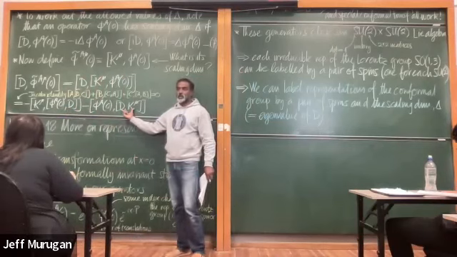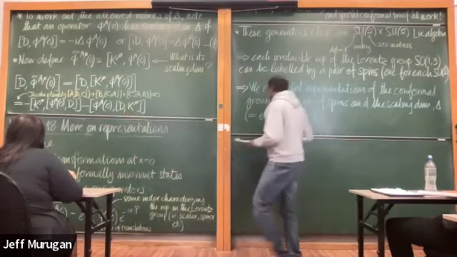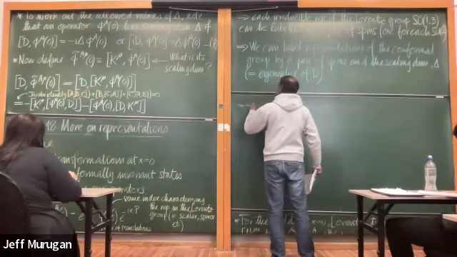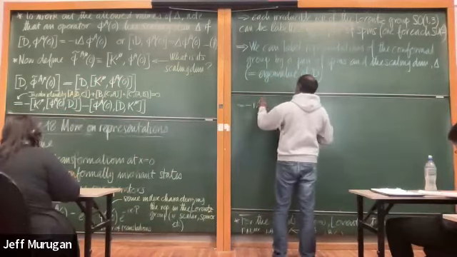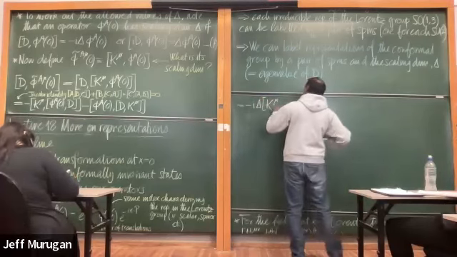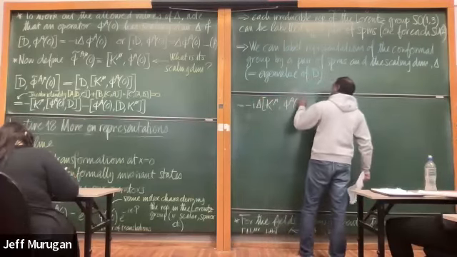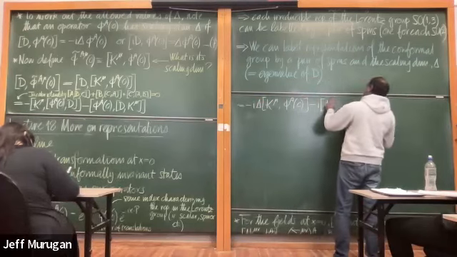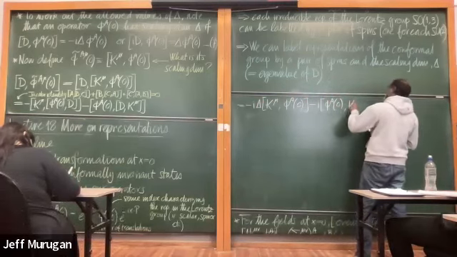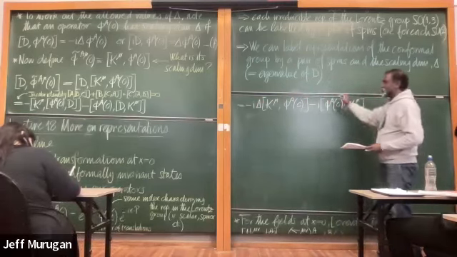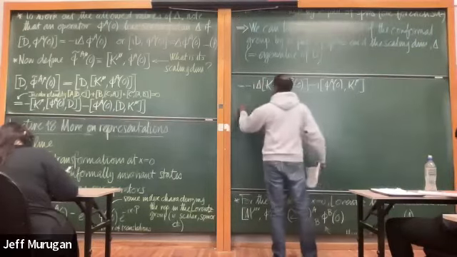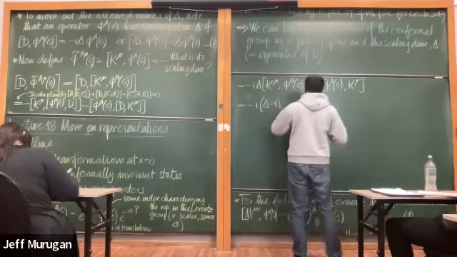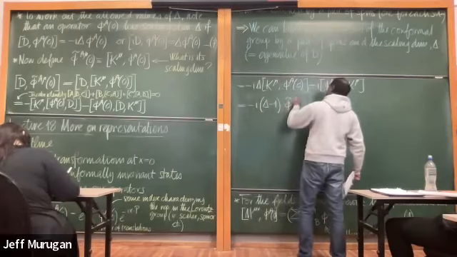These guys are part of the conformal algebra. So this is just minus i delta of K mu with phi A of naught, minus i phi A of naught with K mu. And of course, these two are the same. I'll put in the sign. So this is just minus i (delta minus 1) of phi tilde A at naught.